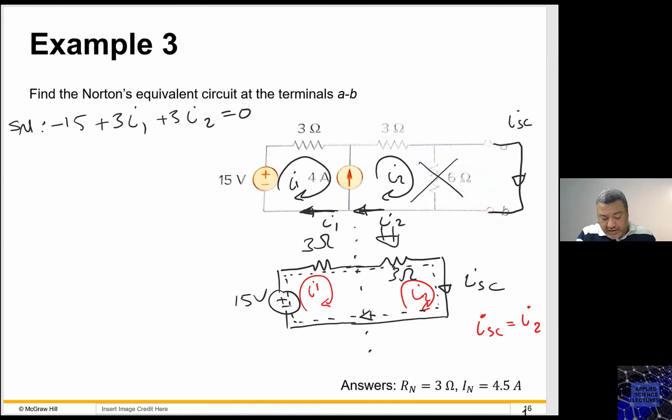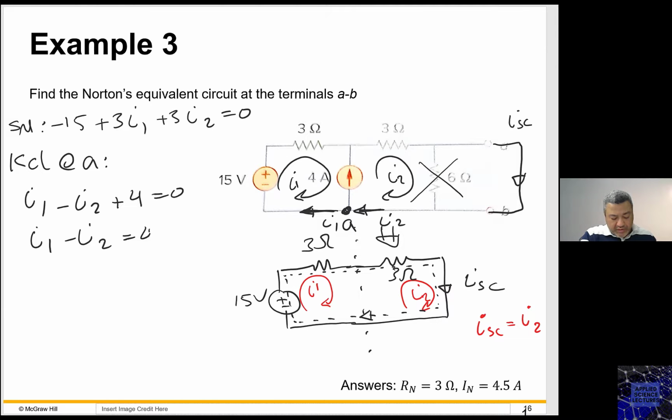And if you take the KCL right here at A, what do you get? I1 is leaving, positive. I2 is entering, negative. 4 ampere is leaving, positive, equals 0.